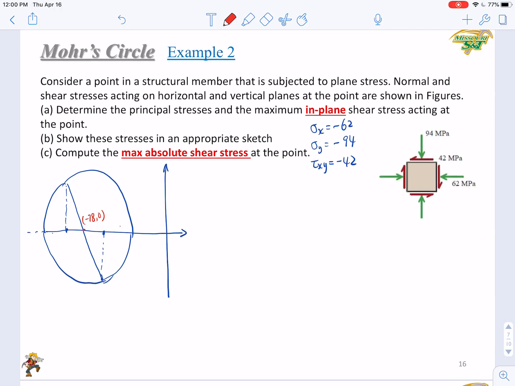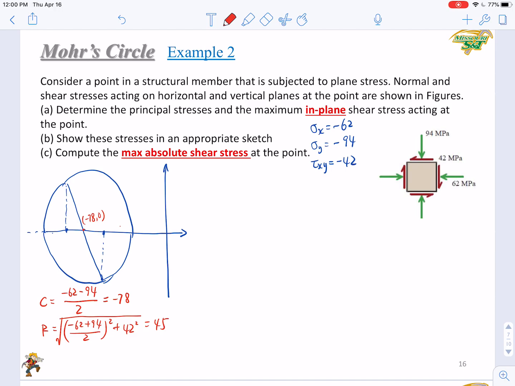The C here is just negative 62 minus 94 over 2, so you got negative 78. And the R is the square root of negative 62 plus 94 over 2 squared plus 42 squared. And the result will be 45.